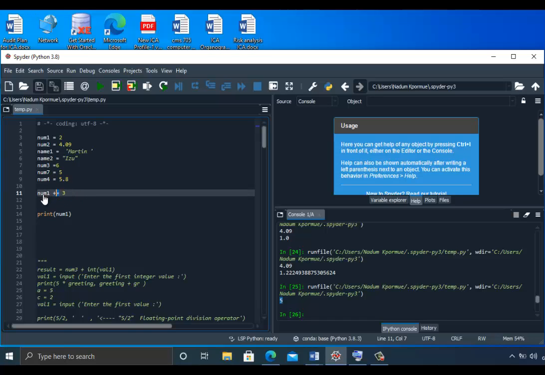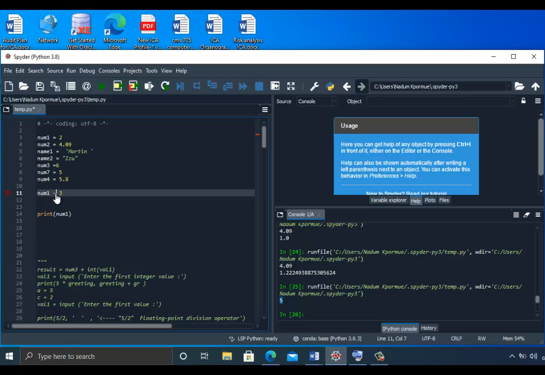If you start from the right hand part of the operator to the left hand part, it will still give you the same result. So addition is also associative.